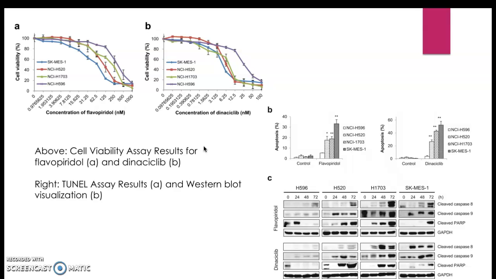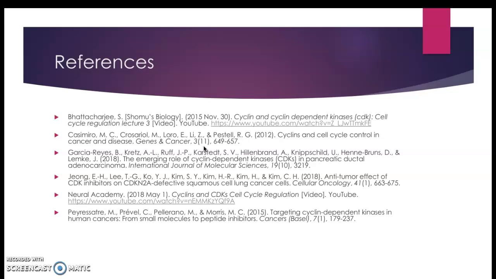So overall, these results show that both cytotoxicity and apoptosis are induced through these drugs, and they are able to specifically target the cells that are either deficient or having an inactive version of CDKN2A, which is good.